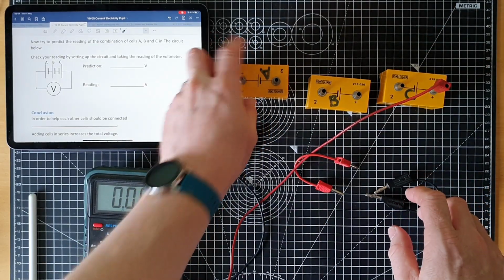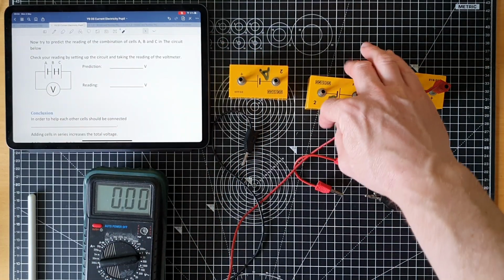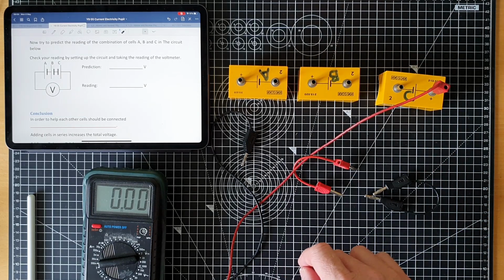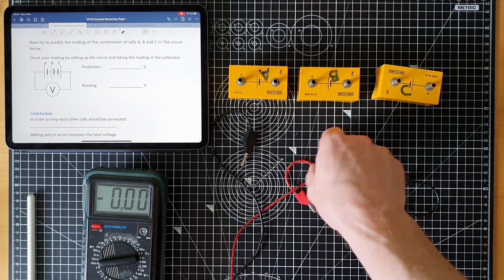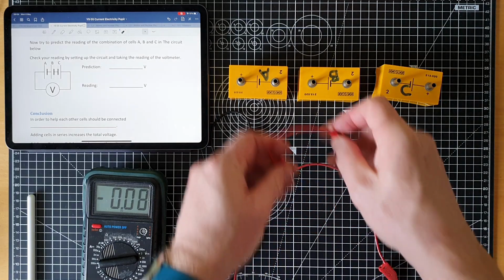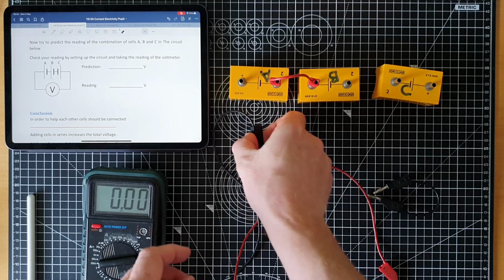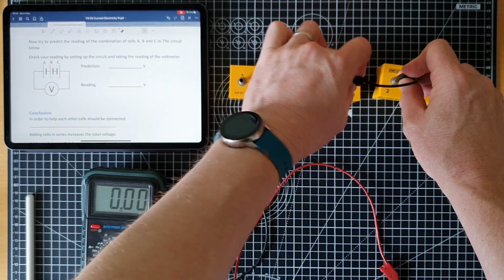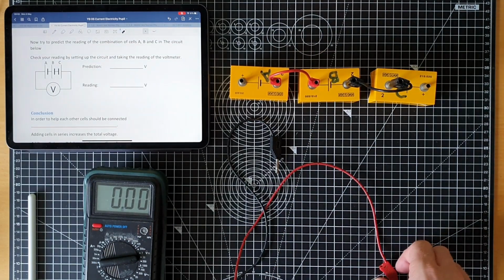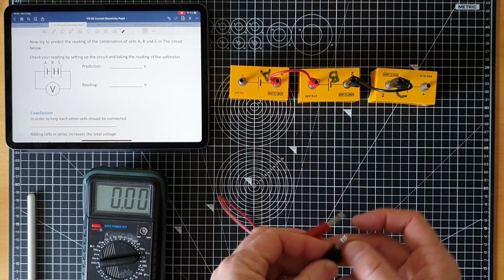So we have A is positive, then negative, B positive and negative, and C negative and positive. I'll let you think. You can pause here, try and work out what you think it's going to be, and then we'll see.